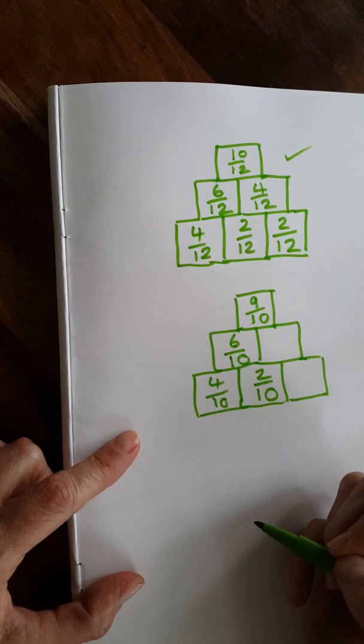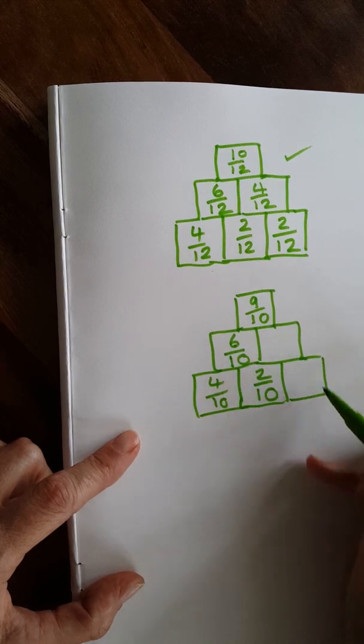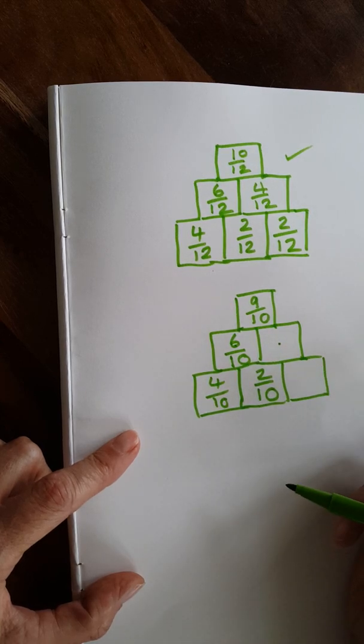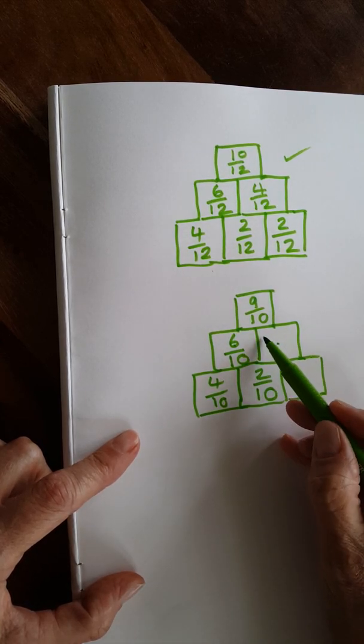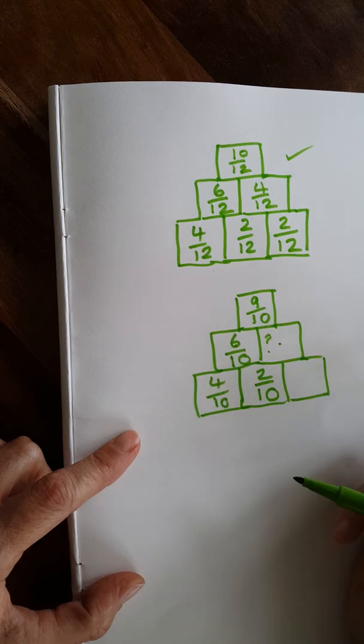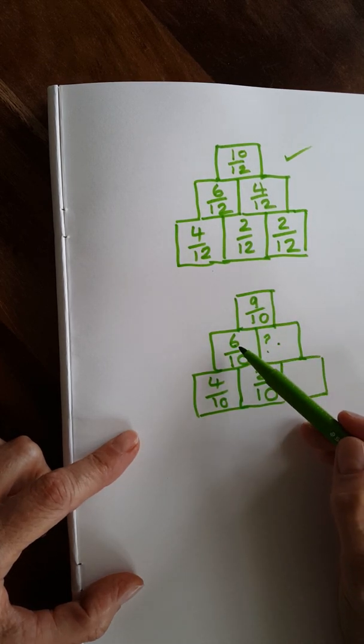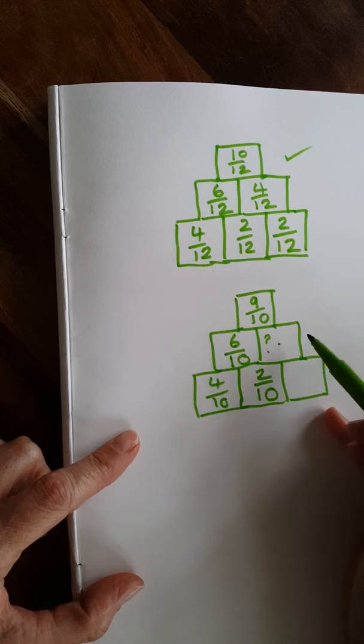And then you want to know what one of these boxes is. You can't go for this one, but you can work out what was in here, because 6/10 add something made 9/10. You could do 9/10 take away 6/10, but I tend to add upwards.